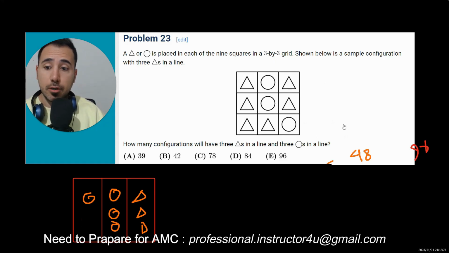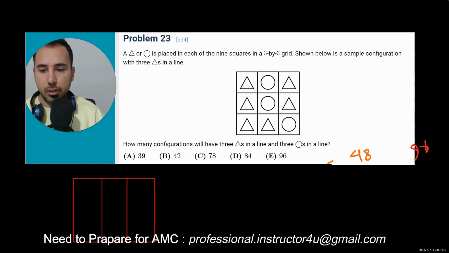Or we could have 1 column of circles and 2 columns of triangles. Maybe the O's are here, or O's are here, and the rest will be triangles. As you see, there will be 6 like this. So with this, you would see that these 6 we have overcounted.